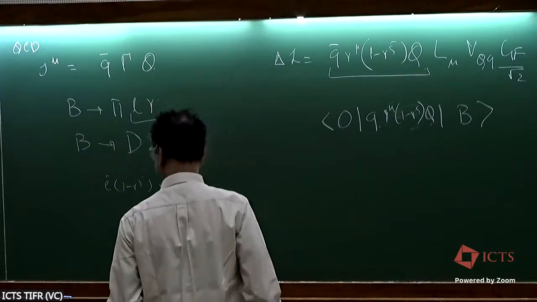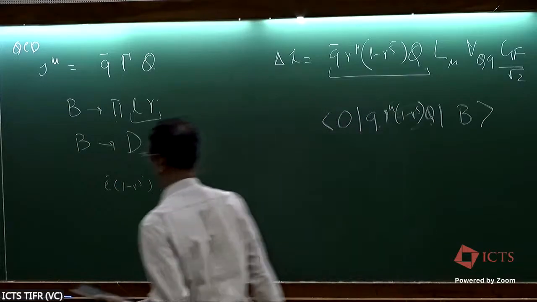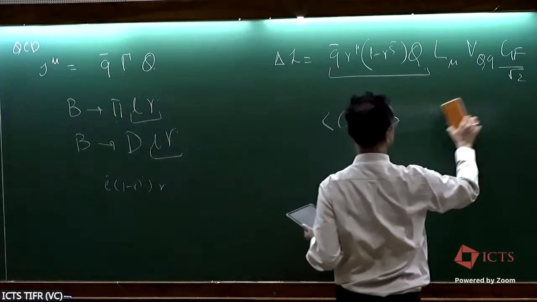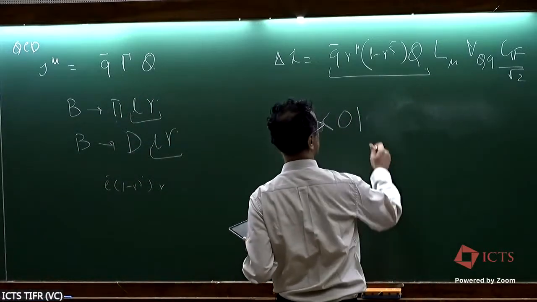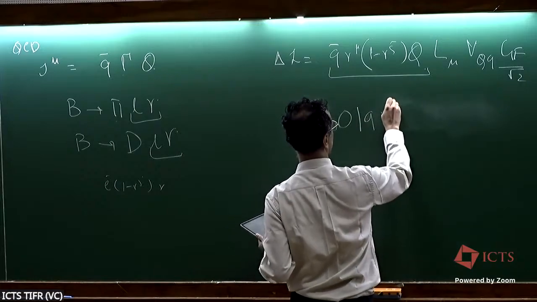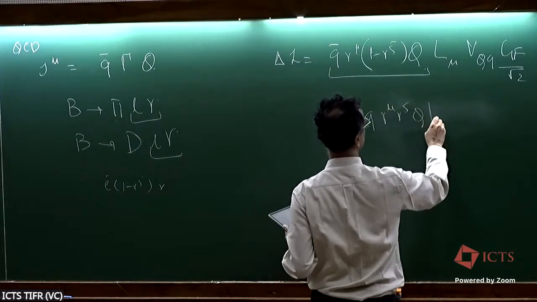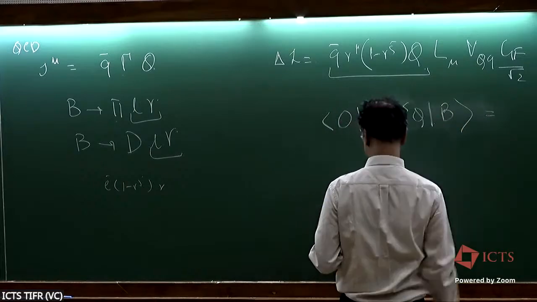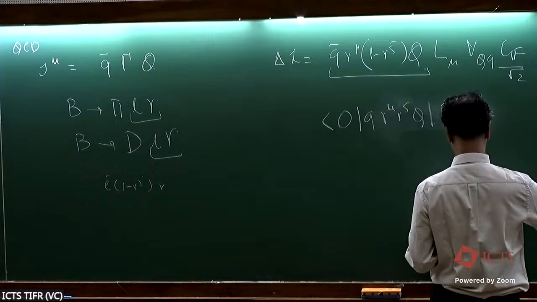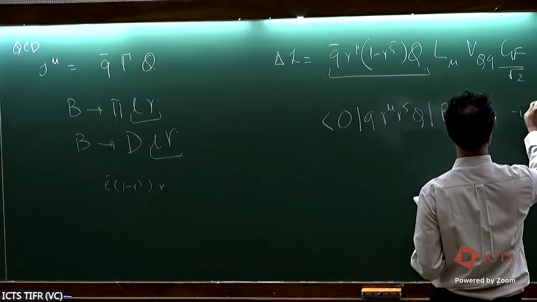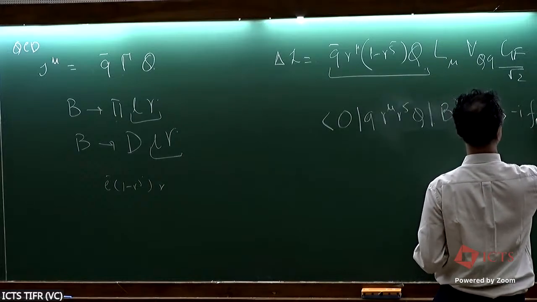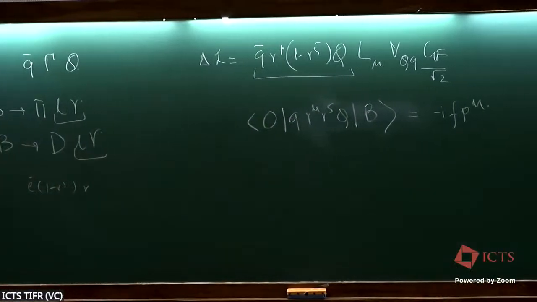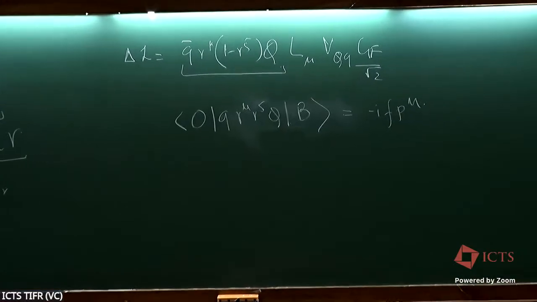Maybe just to use conventions, the definition that is used is u-bar gamma mu gamma 5 u. Okay. So this is kind of standard.